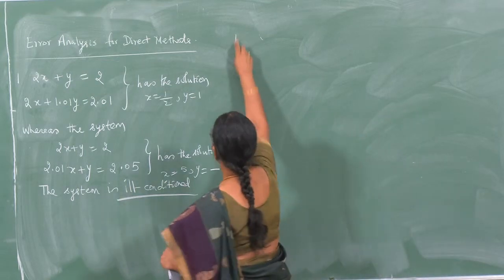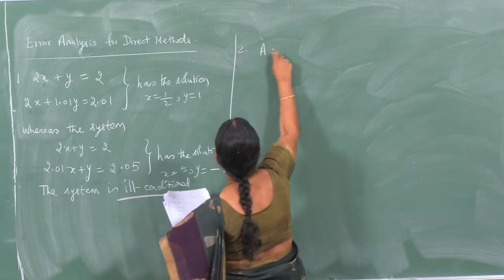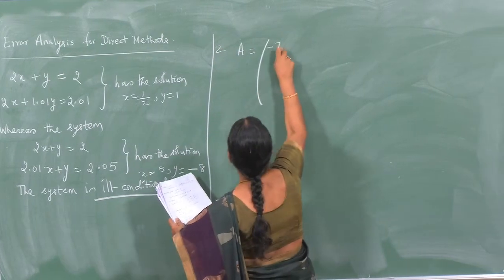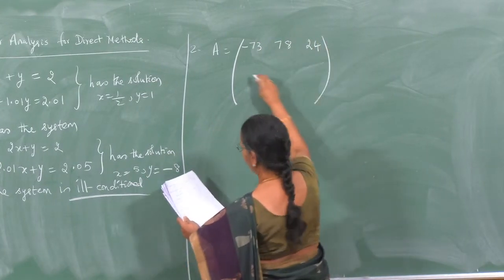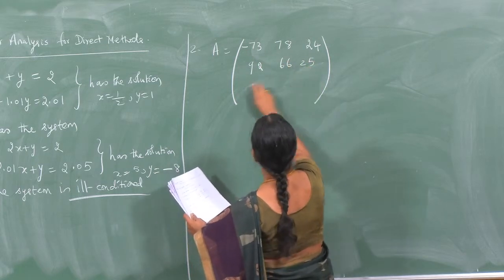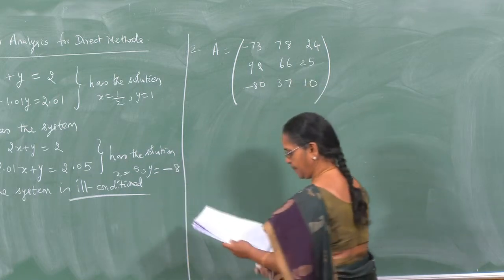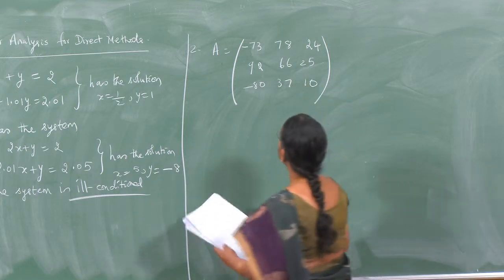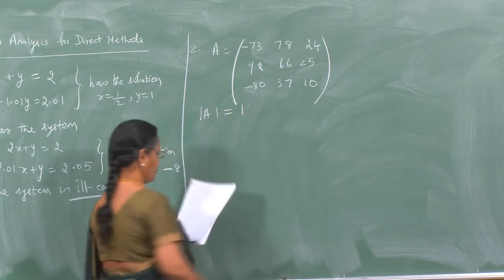Let us consider another example. Suppose the matrix A is minus 73, 78, 24, 92, 66, 25, minus 80, 37, 10. And if I compute the determinant of A, it turns out to be 1.